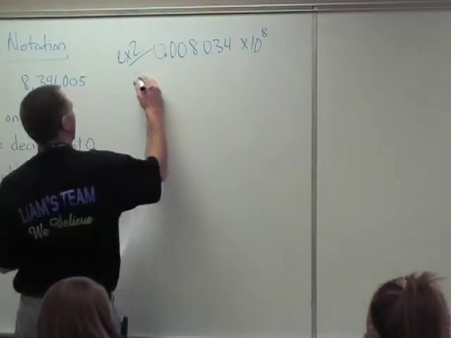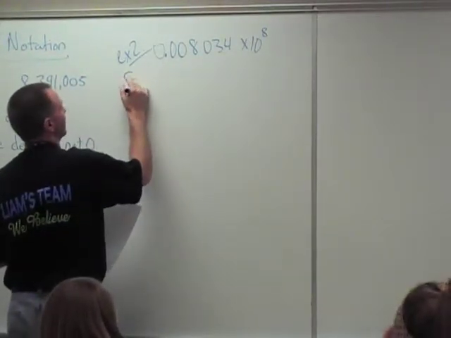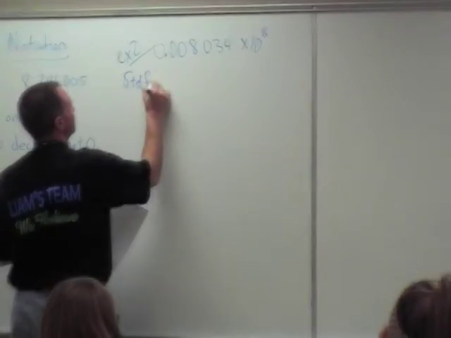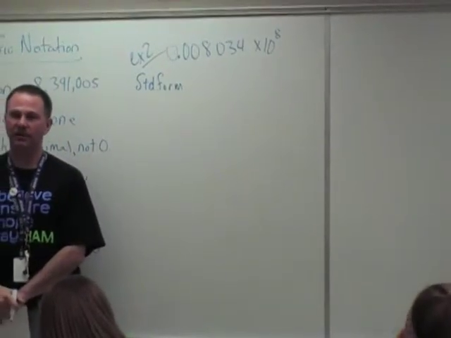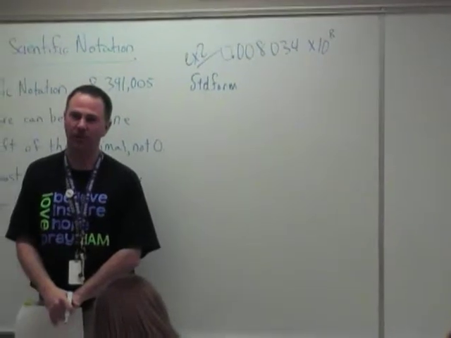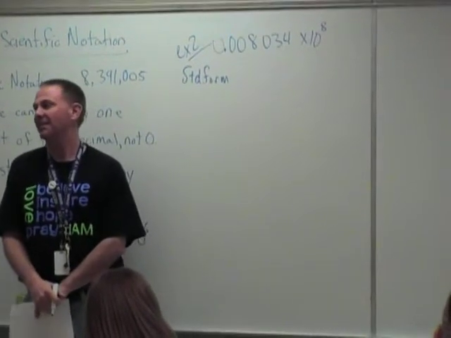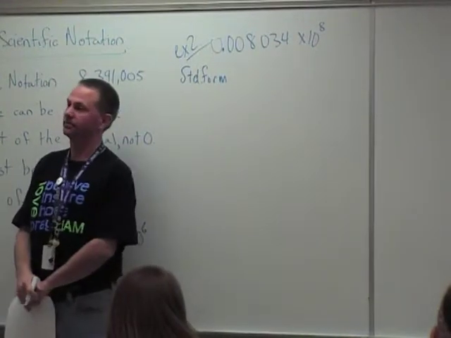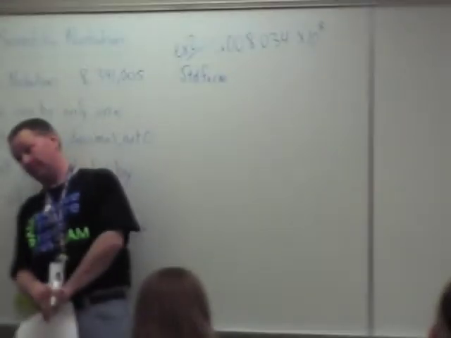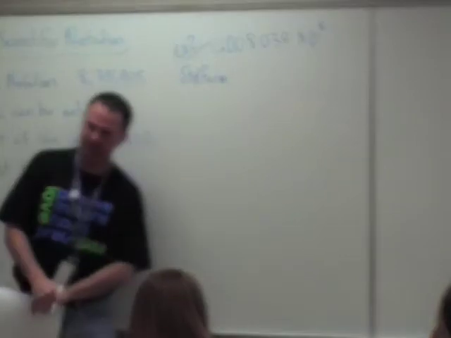So, what I really want to happen here is I want this to be put in standard form. So, how do I put this in standard form? Now that you understand what the power of 10 does to that decimal in that problem, move the decimal over to the exponent, however many places there is.